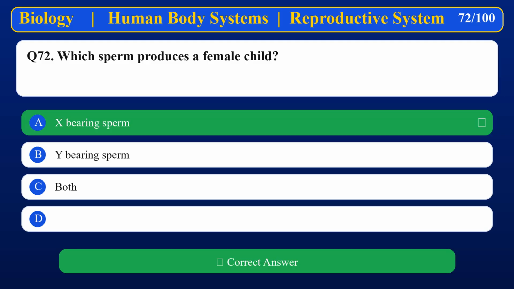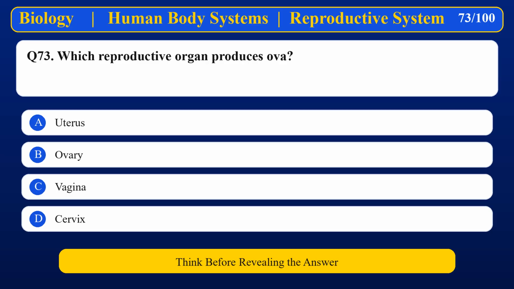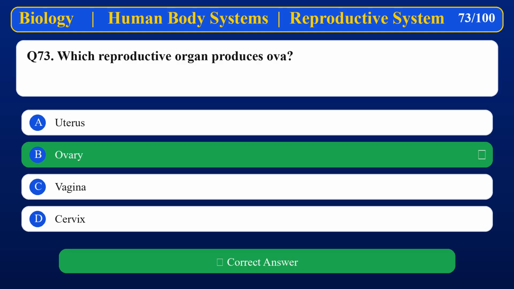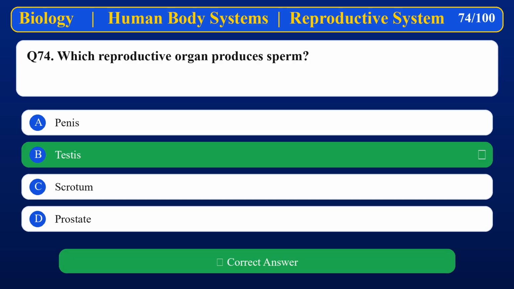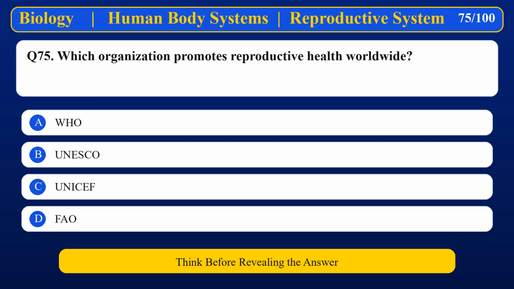Which sperm produces a female child? X-bearing sperm. Which reproductive organ produces ova? Ovary. Which reproductive organ produces sperm? Testis. Which organization promotes reproductive health worldwide?